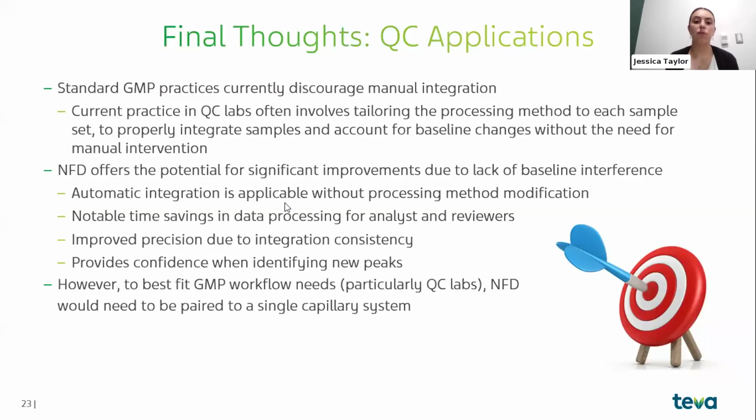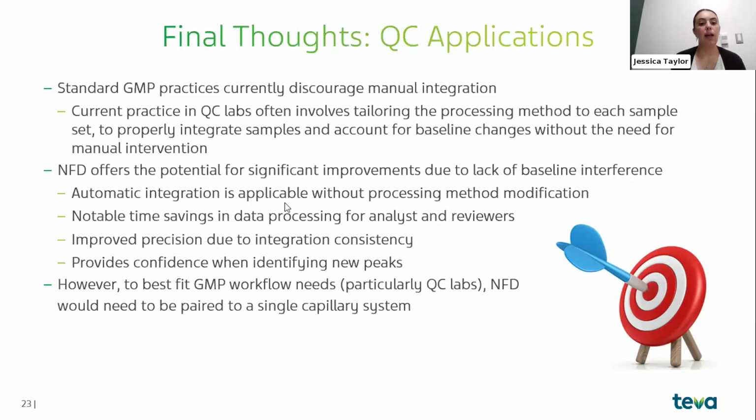So now just to wrap up after performing this evaluation, our thoughts regarding the native fluorescence detector, particularly in its applications in the QC space. The current practices for GMP discourage the use of manual integrations.